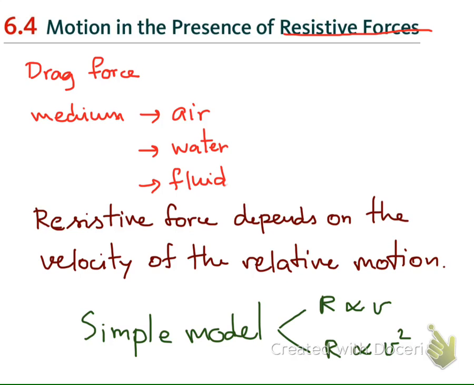But here, we are interested in the one-dimensional motion only. So we will talk in detail of the magnitude of the resistive force only. Okay. So first, let's see the first model that R is proportional to v.